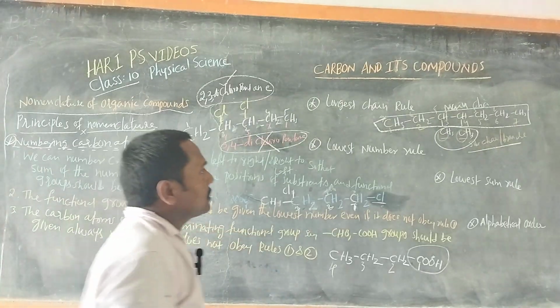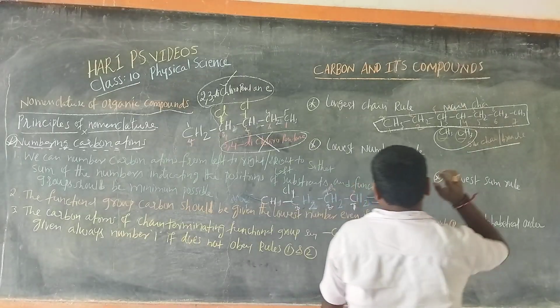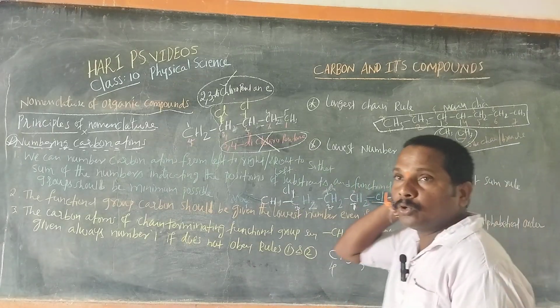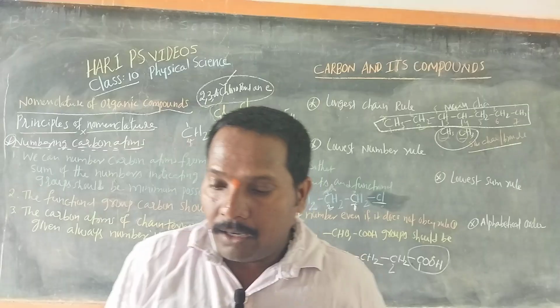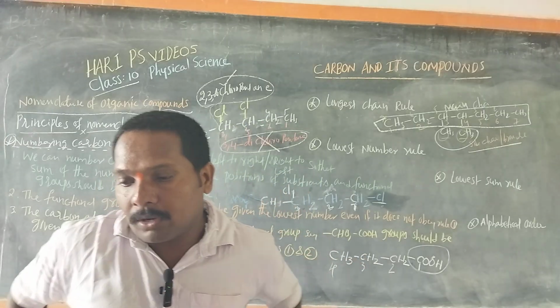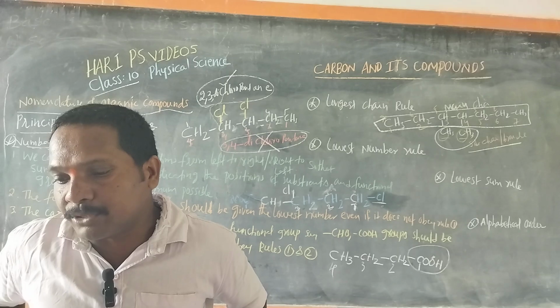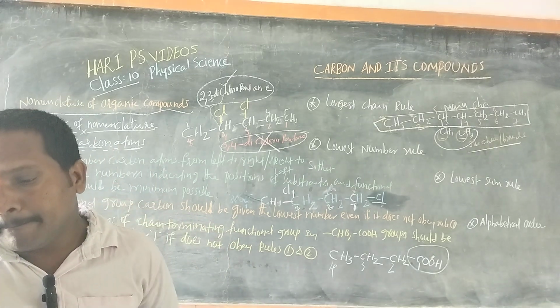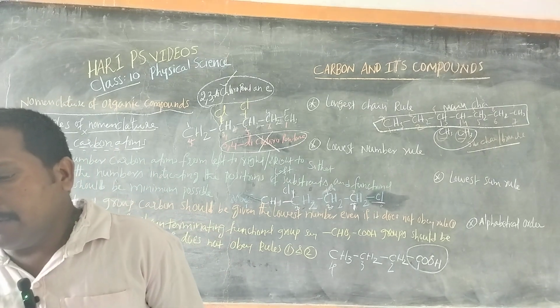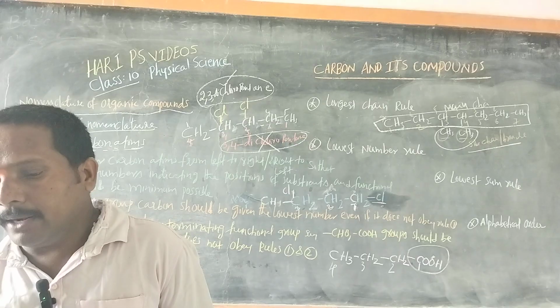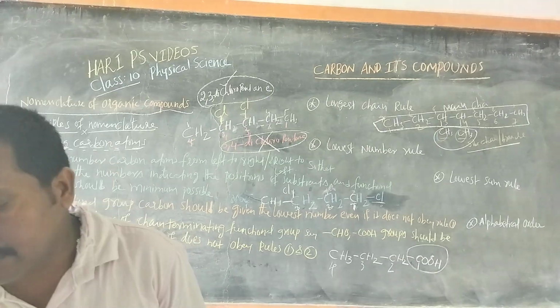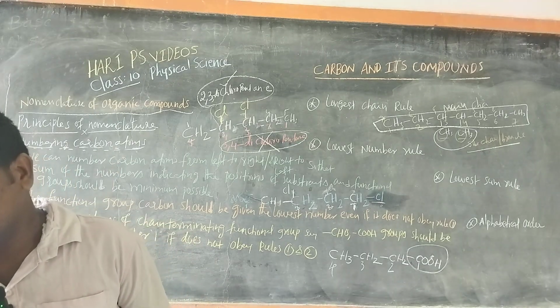Then the lowest number rule. What is this lowest number rule? For a carbon compound which contains only one substituent, the carbon atom carrying the substituent should get the lowest number.